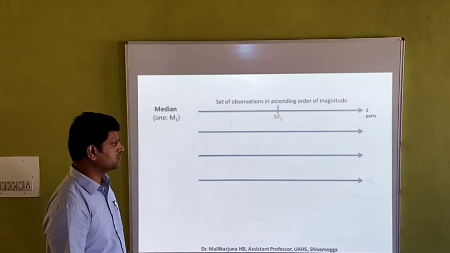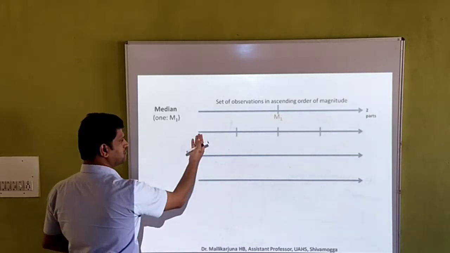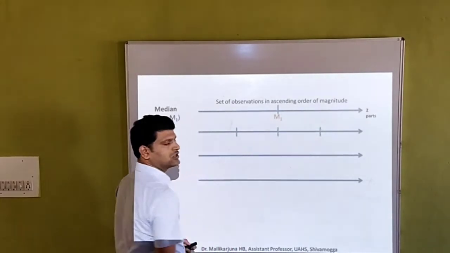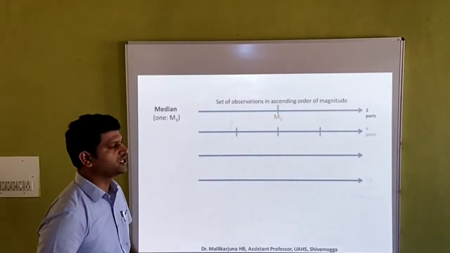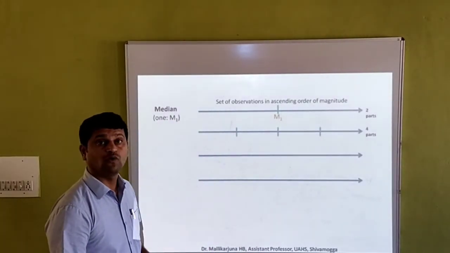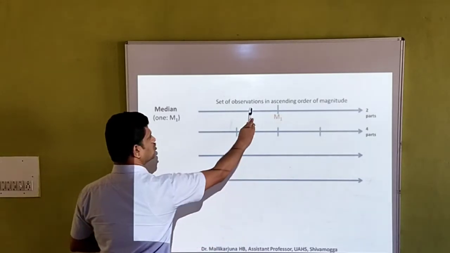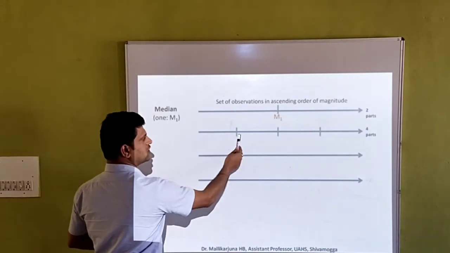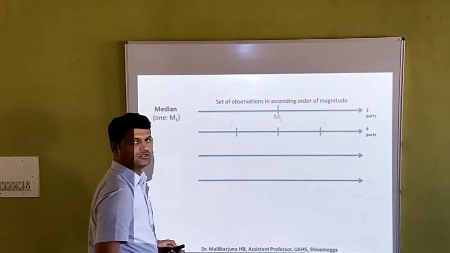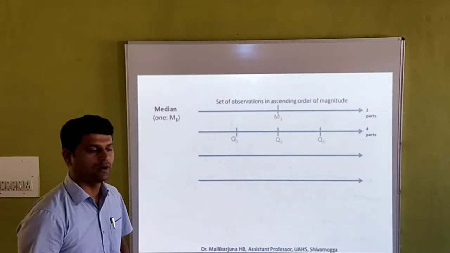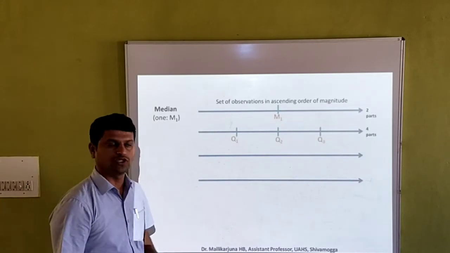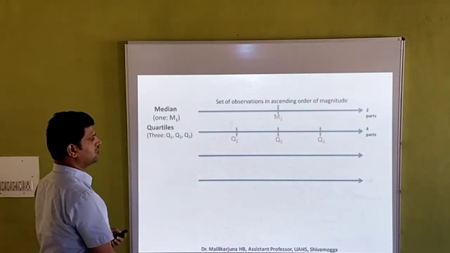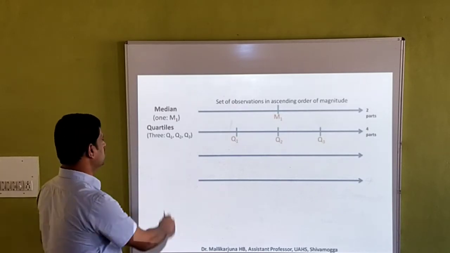Coming to the next one: using 3 values, I can divide the whole series into 4 equal parts. These 3 values I denote by Q1, Q2, Q3, and they are called quartiles.